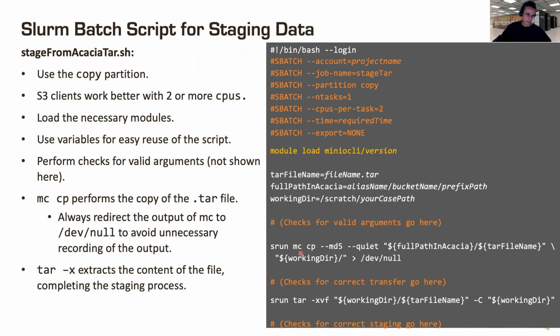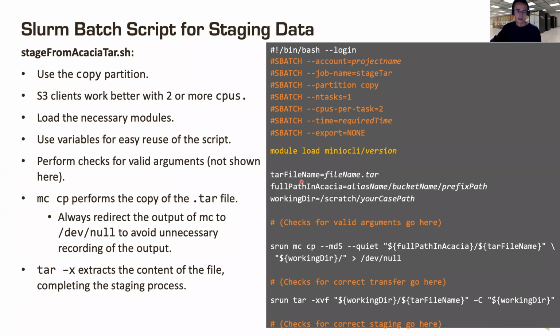In this case, the example is with MC. So basically, the first thing is to load the module of minio. We are assuming that minio has already been configured and you know the alias name, etc.